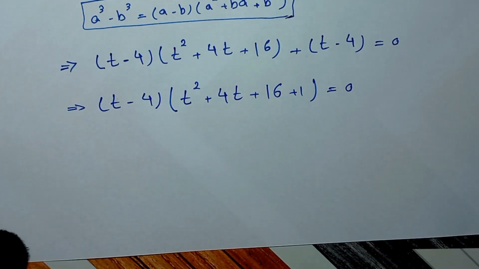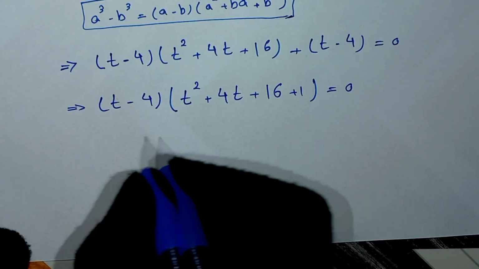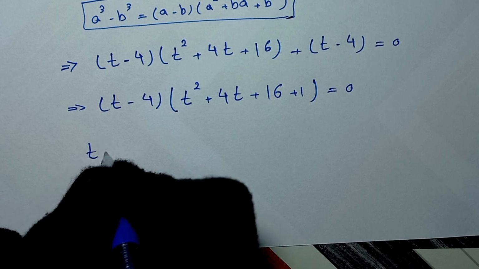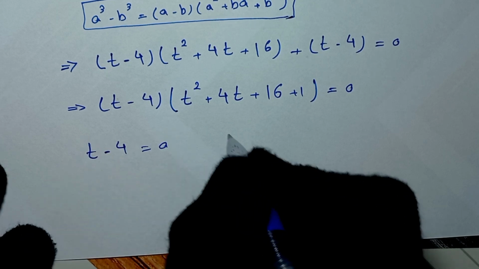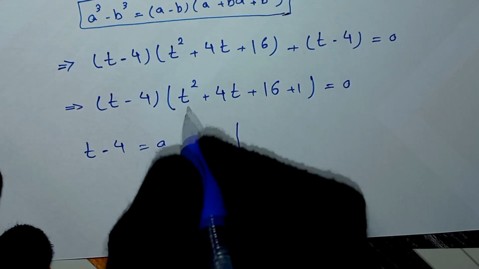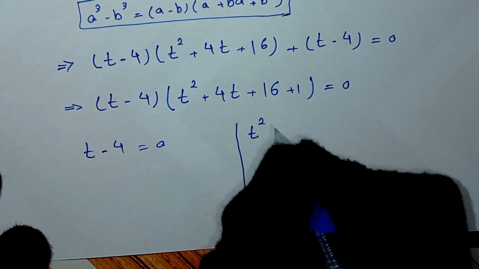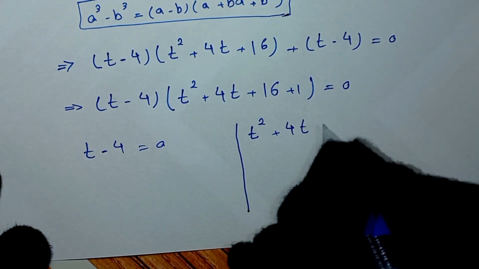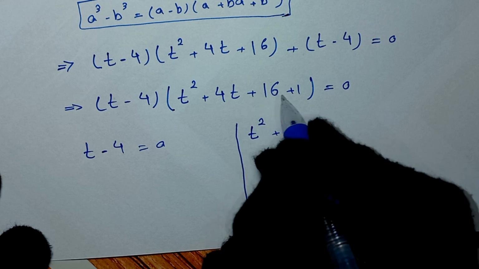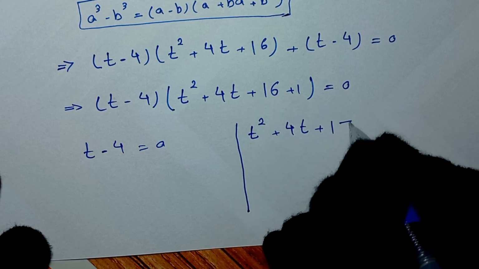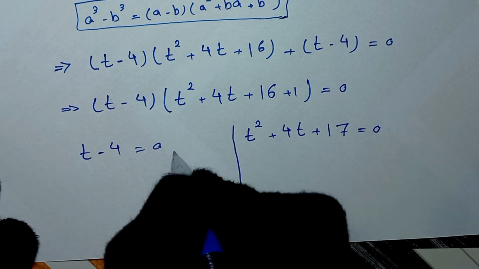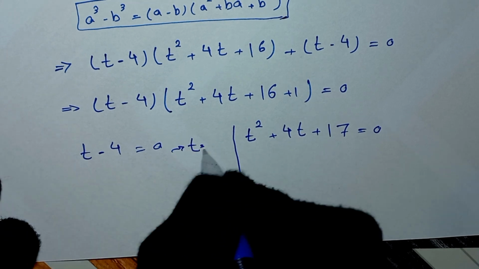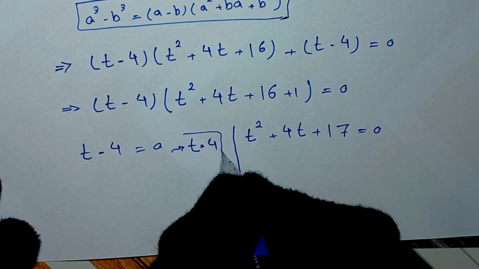Here we have two equations for t: t minus 4 is equal to 0, and t squared plus 4t plus 17 is equal to 0. In the first, t is equal to 4, right?